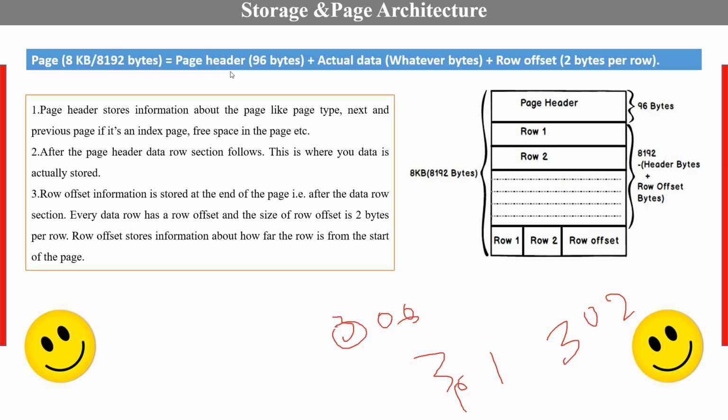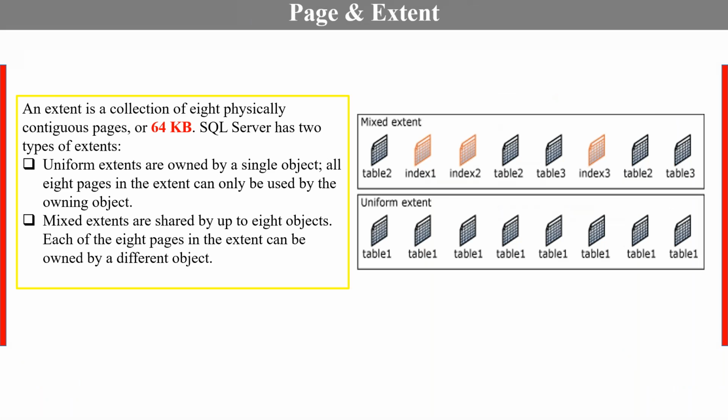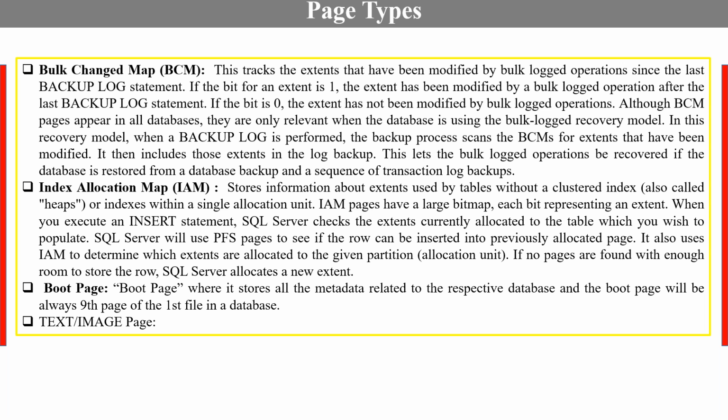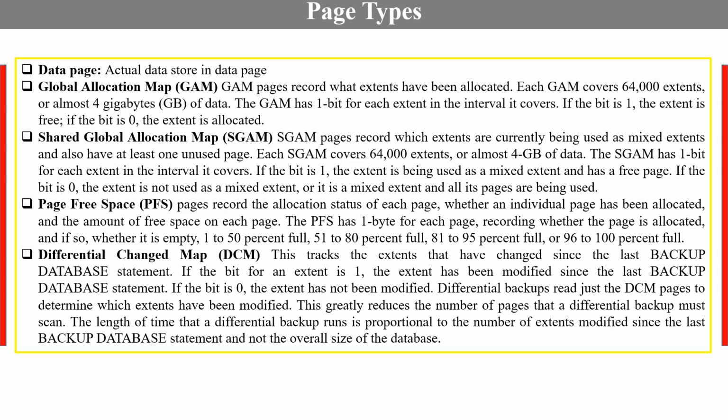Then what is PFS space, sir? The PFS page records the allocation status of each page, meaning all the data pages. How many data pages are available for that respective object?